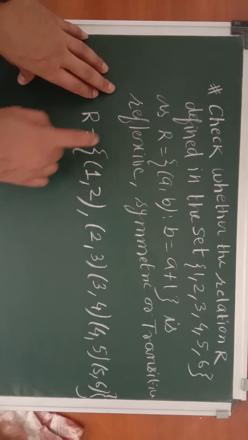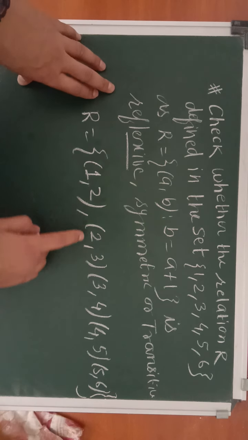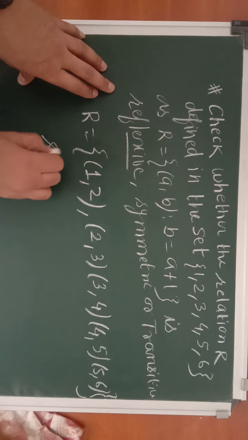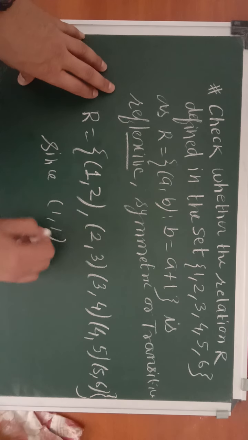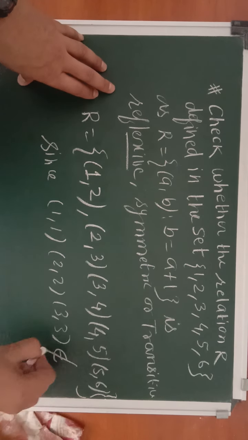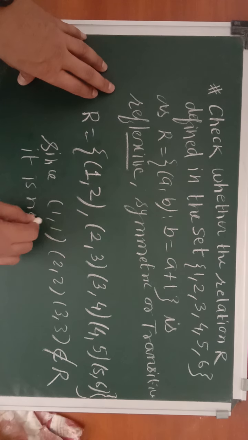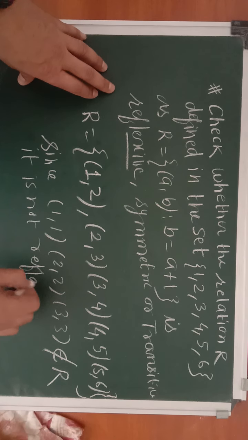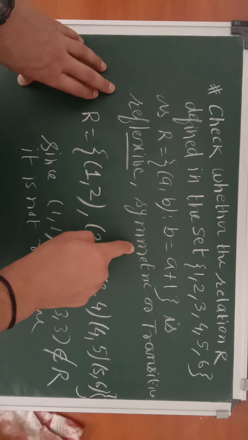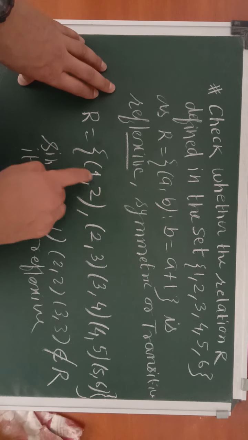So now children, is it reflexive? Can you say that there is a pair (1,1), (2,2), (3,3) anywhere? No. So since (1,1), (2,2) and (3,3) do not belong to R, it is not reflexive. Symmetry: if 1 is related to 2, is 2 also related to 1?